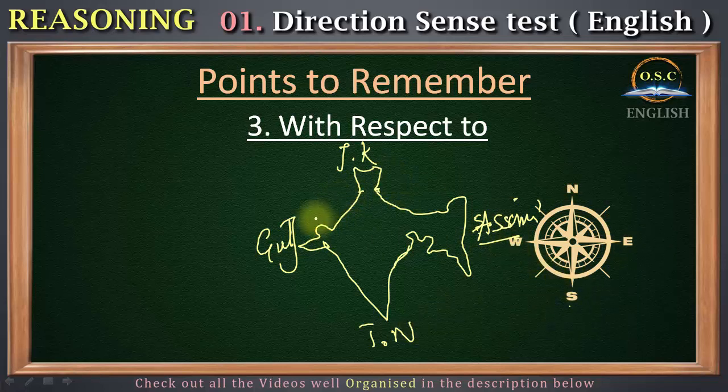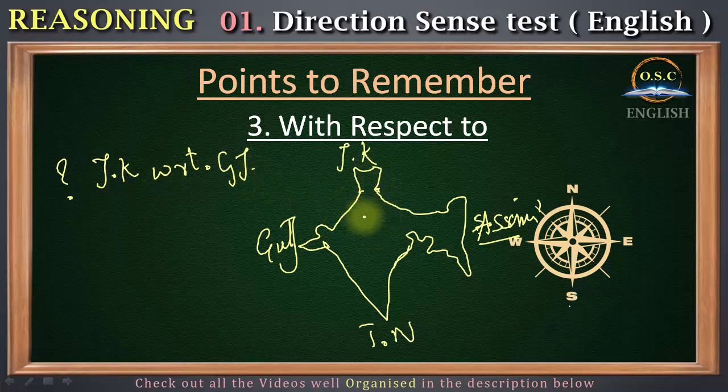Now tell me, in what direction is Jammu and Kashmir? Let me frame the question. In what direction is Jammu and Kashmir with respect to Gujarat? We know Jammu and Kashmir is in the north. I'm not asking with respect to India.